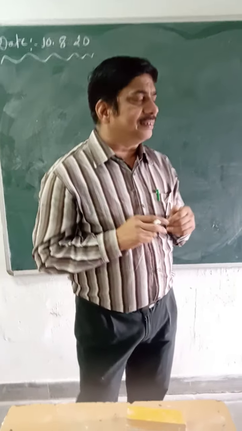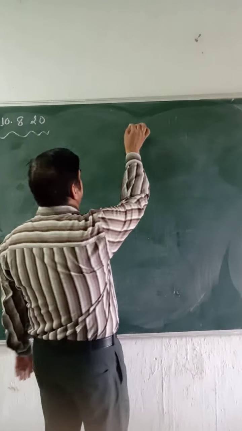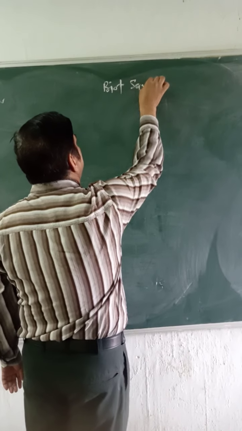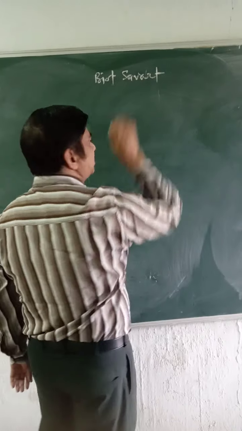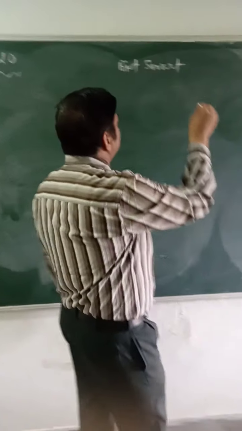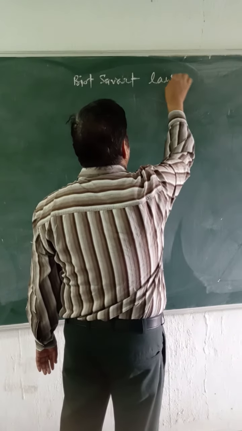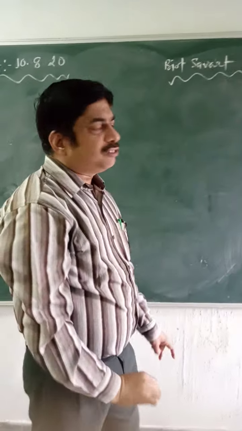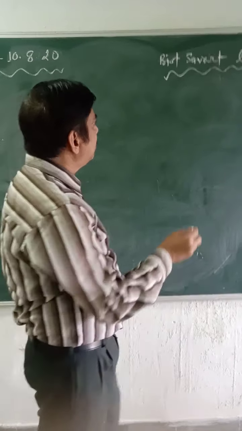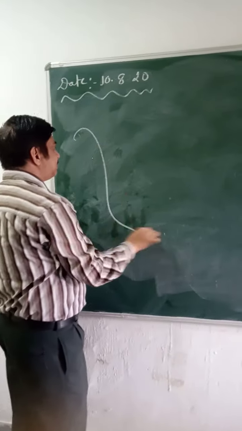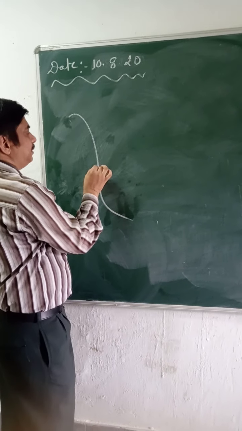Now, one of the physicists, Biot-Savart, included all the possibilities of that observation in a particular law, which is known as the Biot-Savart law. According to this law, this one is the conductor which carries current.